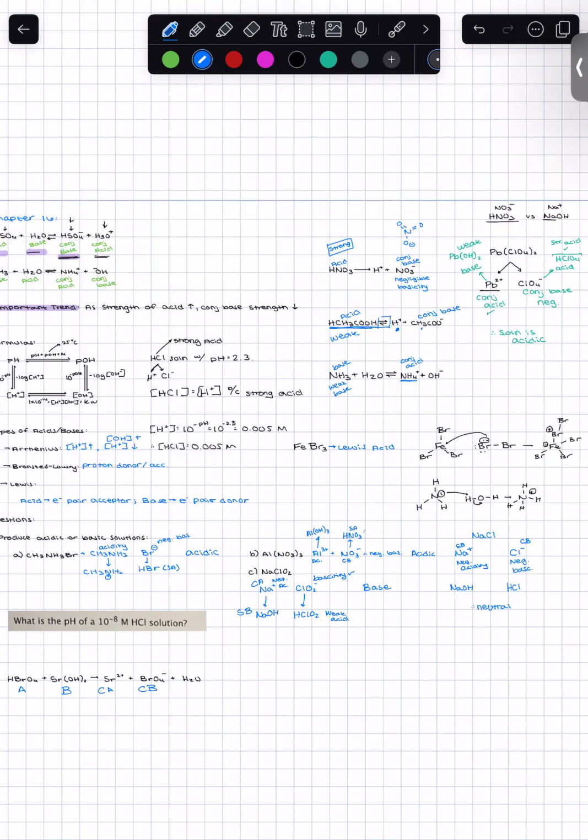So if they were to say that I observed a solution and it's red, what could the pH range be? You would say it's less than 4.4. You just have to use the references that they give you.